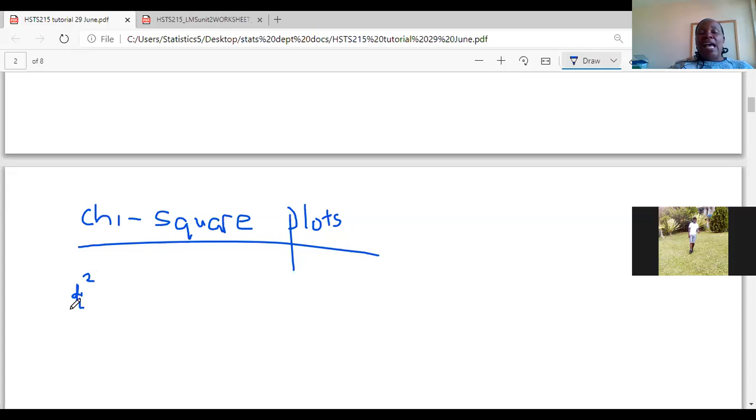Here i is just the value that I observe in this position.